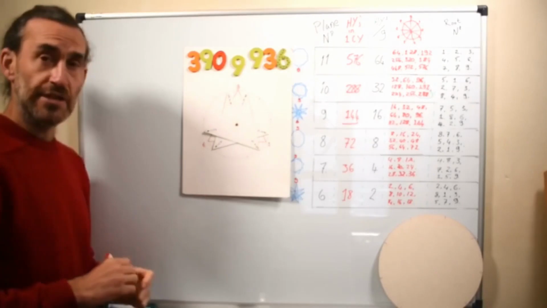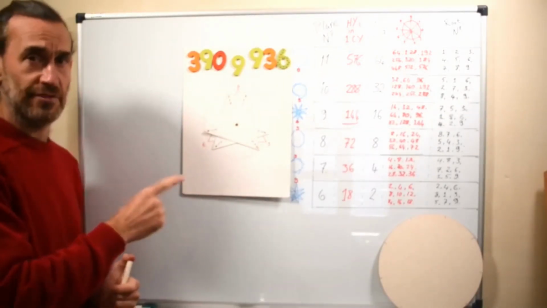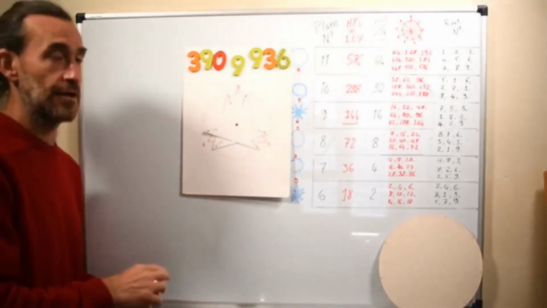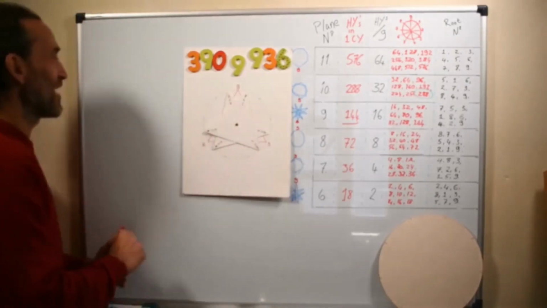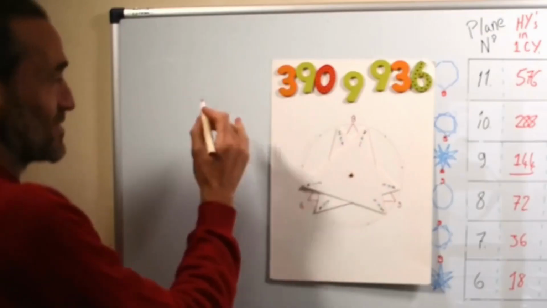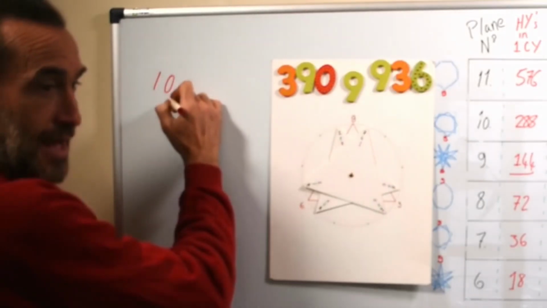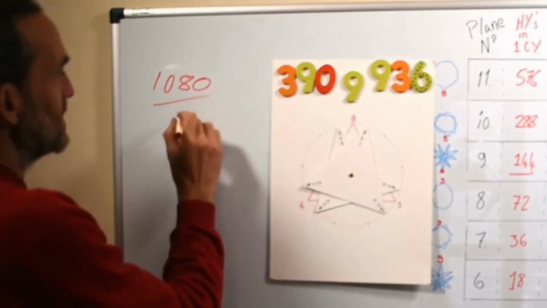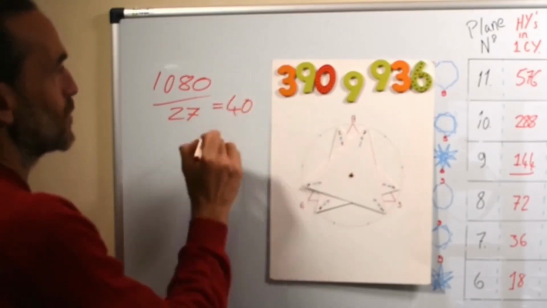But the question that came into my mind at this point was, when does 27 divide evenly into 360? Obviously it never divides evenly into 360. But the answer is 1080. 1080 divided by 27 equals 40.